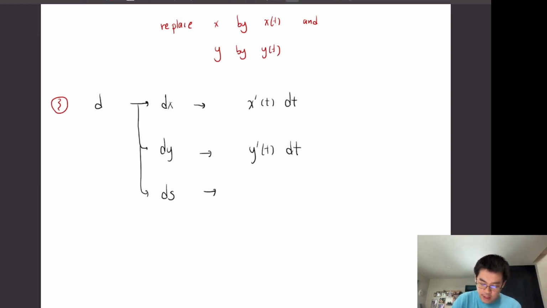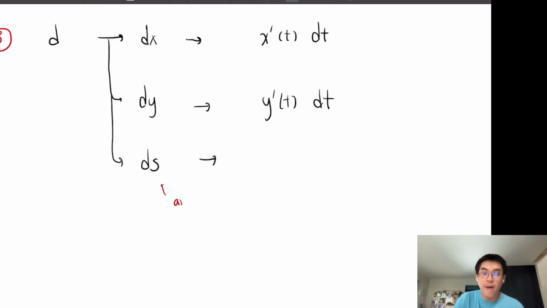ds, let me tell you, this is like you integrate by arc length, right? If you want to understand the detail, you can talk to me afterward. But the idea is the measurement that you use is the length of the arc that you're traveling. And the formula is annoying.